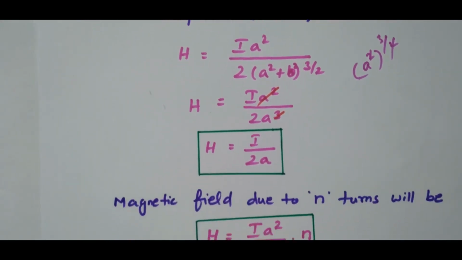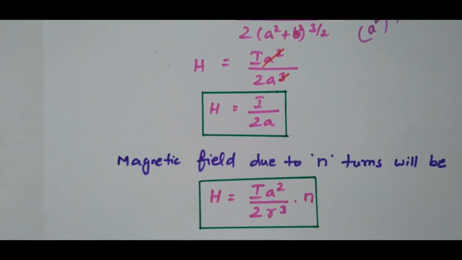Suppose if n number of turns are available, what happens? You have to multiply with number of turns, right? H equal to IA square divided by 2 R cube into N. That is due to N number of coils. Here we have only one circular current loop.